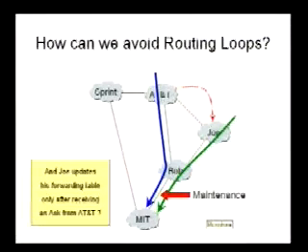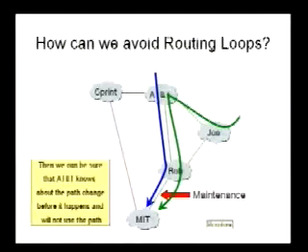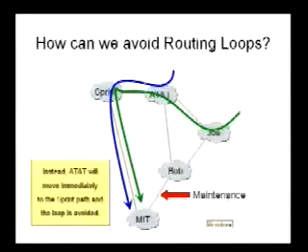At that point, Joe updates his forwarding table and moves to using a path through AT&T. At this point, we can be sure that AT&T already knows about the path change. So when it processes the withdrawal message, it immediately moves to this path through Sprint. And as a result, we've avoided the routing loop.